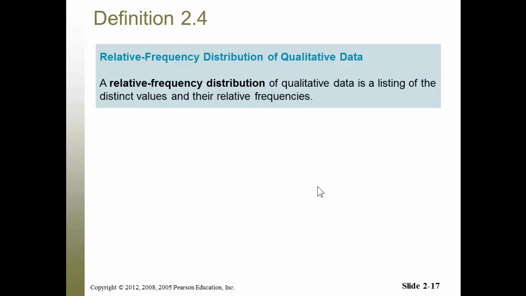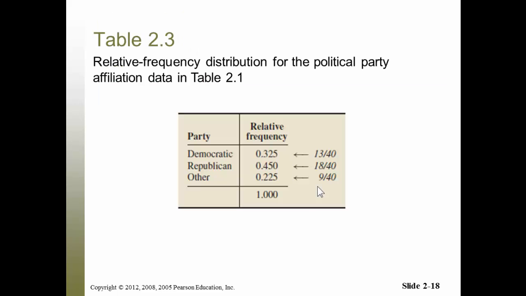We could also take percentages of these, and then we would call it a relative frequency distribution. So in this case, we have 32%, 45%, 22.5%, which add up to 100. Very same proportions that we had in the frequency distribution, but now we call it a relative frequency distribution.